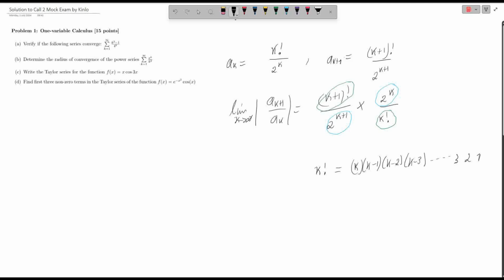So in this case, what we have is k factorial and (k+1) factorial. So we need to consider one of these to simplify it to be the same as the other. And it's pretty much the same thing we used to do with 2 raised to the power k. Here we can have 2 raised to the power k, so we can do the same thing, which is simply 2 raised to the power k multiplied by 2.